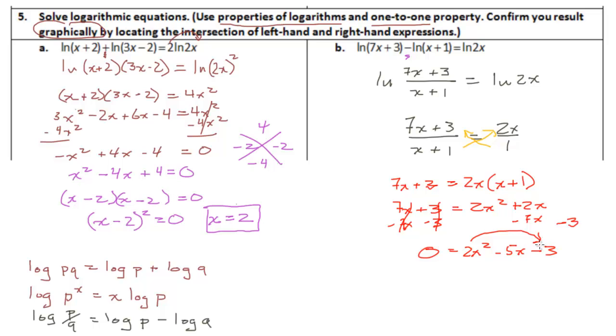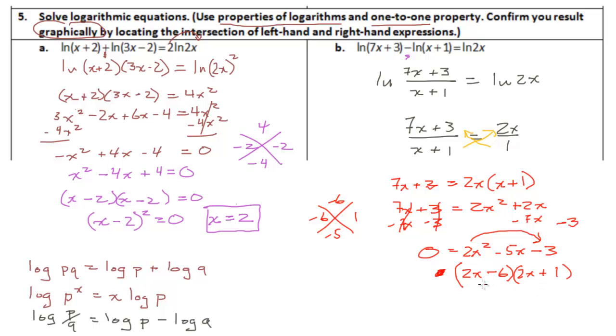This is negative 6 is our product, and our sum that we're looking for is negative 5. Negative 6 and 1 will do the trick. So in our factoring process, we'll do 2x, bring 2x into both these factors.